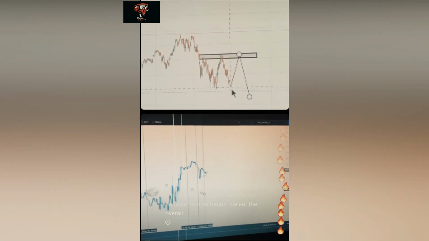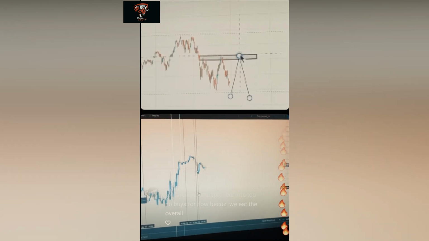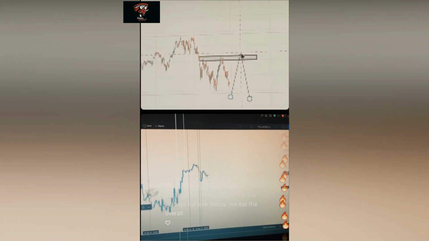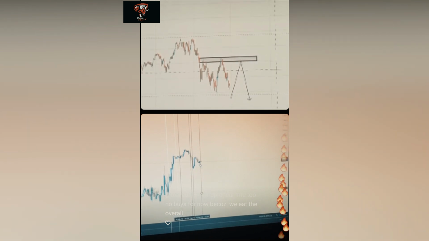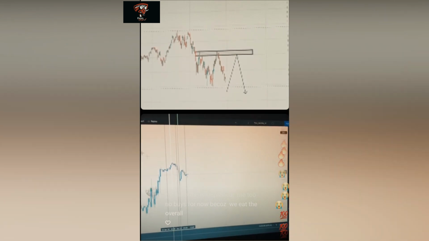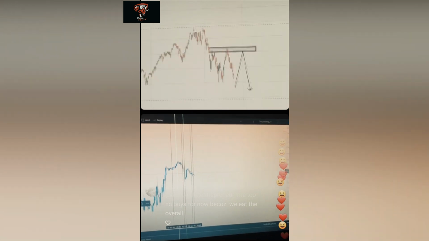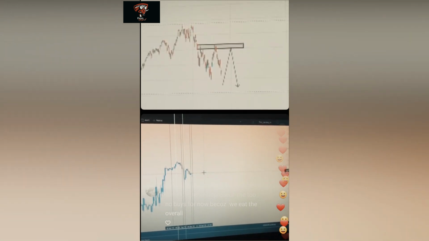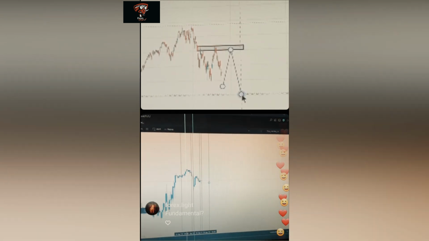Then from 9 it's the London session, then till 1 p.m. Then from 2 it's the New York session, till 1800, which is 6, till 18. So I'm going to go to 15 minutes now.